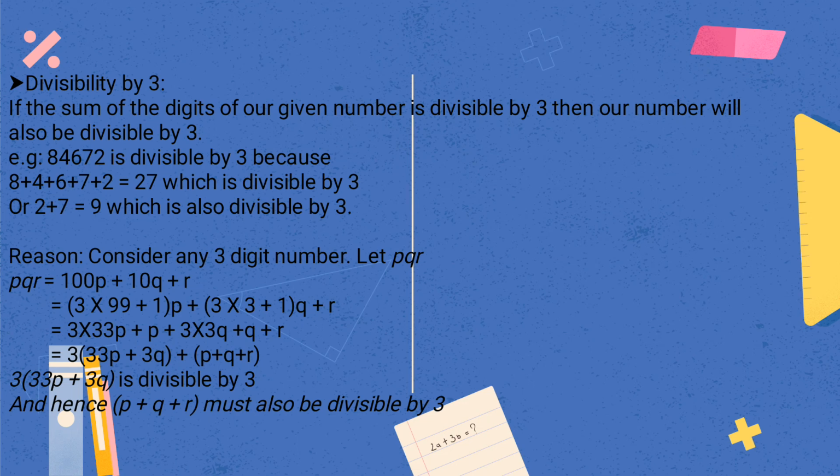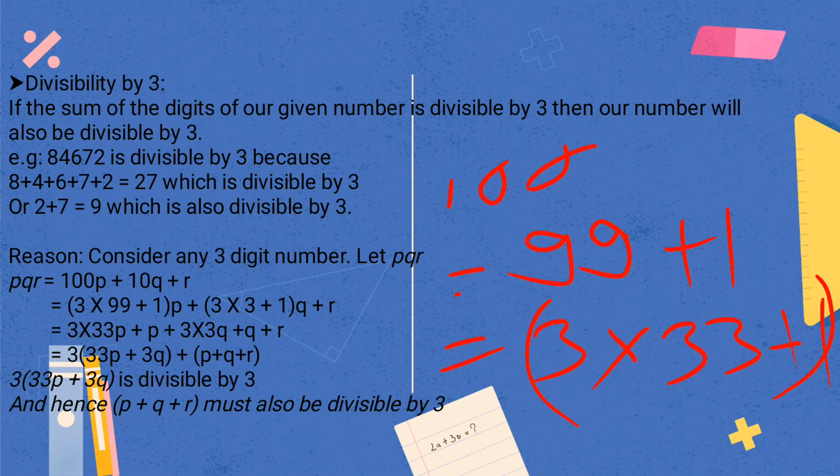PQR can be written as 100p plus 10q plus r. And this 100 can be written as 99 plus 1, and we can write 99 as 3 into 33. There is a mistake over here, so I'm sorry. So it's 3 into 33 plus 1, multiplied by p.